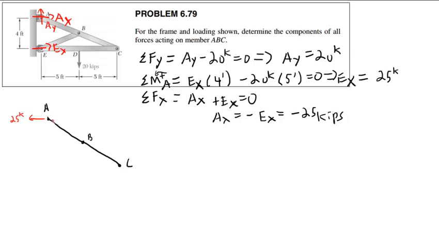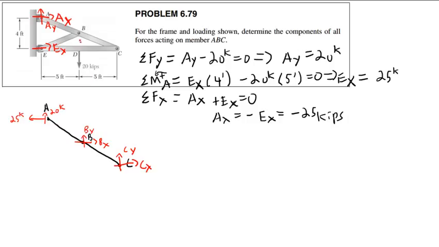An upward force of 20 kips, AY. And then down here, I'll have CX and CY. And then here, I'm going to have a BX and a BY, right?